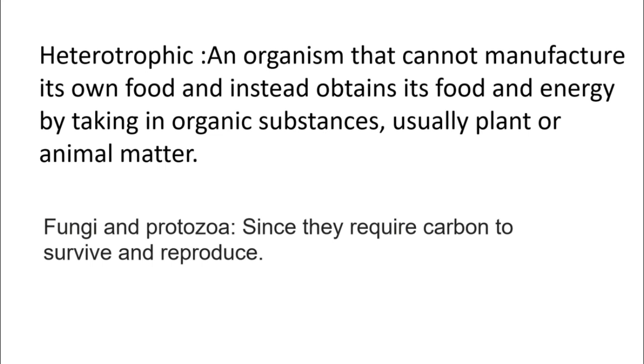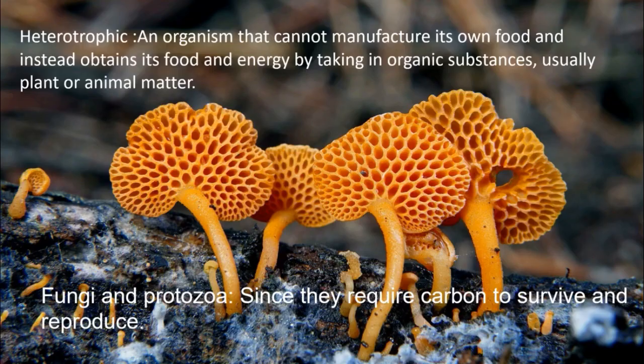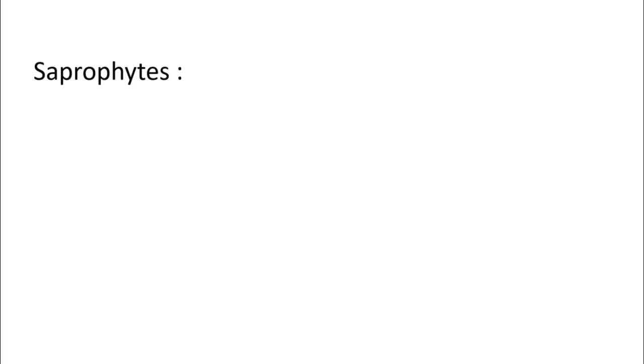Examples, fungi and protozoa. This protozoa we shall study later. Now understand, most of the fungi are heterotrophic in nature. Right? Now the second term which we have taken is saprophytes. Saprophytes are also organisms.